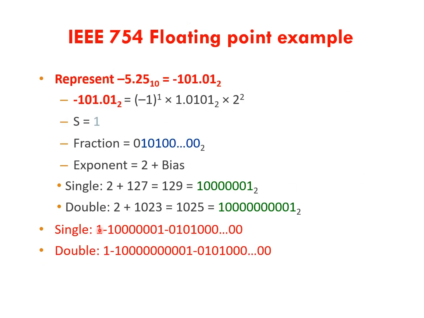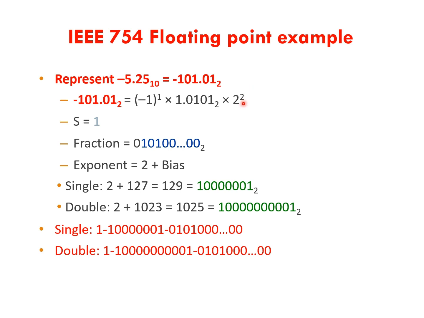This is the number representation in floating point standard. Before we do the multiplication, we represent the numbers in floating point. If we have to represent the decimal number -5.25, it comes out to be 101.01 in binary. In scientific representation, it is (-1) to the power 1 times 1.0101 times 2 squared.